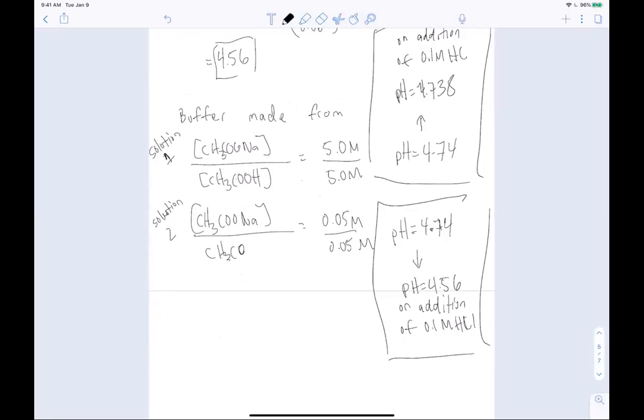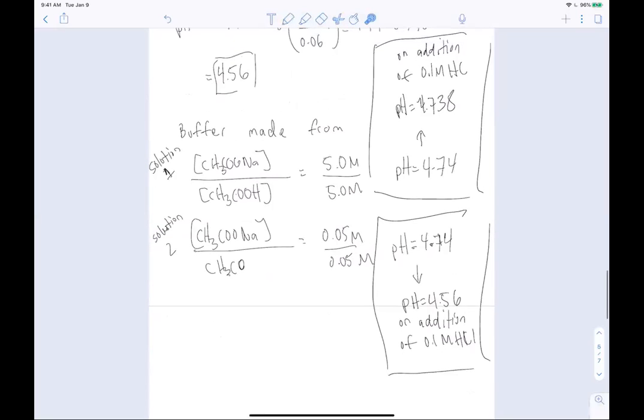And so the result here shows us that for a buffer, the larger the concentration of the acid-base conjugate pair, the more resistant the solution is going to be to pH change. If I start out with 5 molar acetate and acetic acid, I can add some acid in and I see very little pH change. 4.74 to 4.738 would be difficult to even detect using a traditional pH meter.